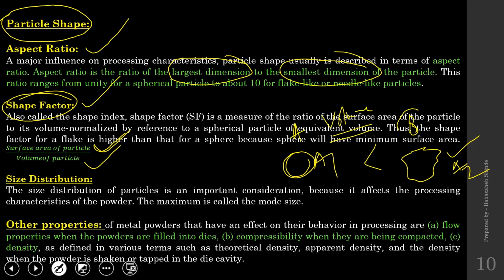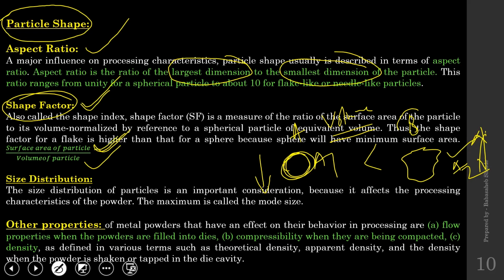I have calculated the volume of both the molecules. The first one is spherical, another one is irregular. Still, the surface area of the sphere is going to be smaller compared to the surface area of the irregular molecule. So the shape factor is always going to be, what ratio will be there?